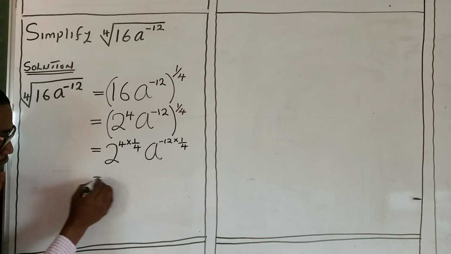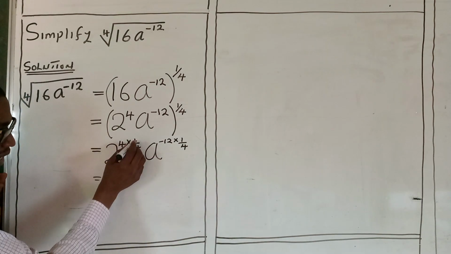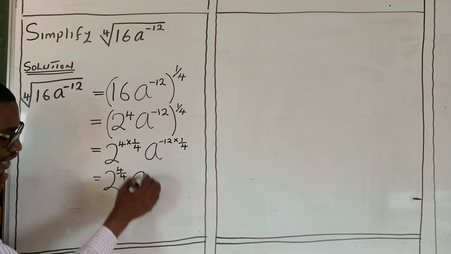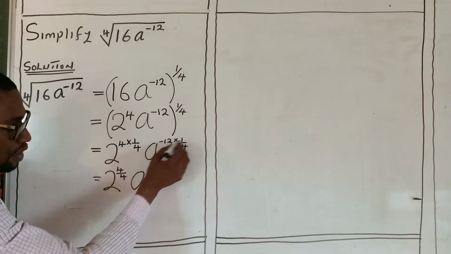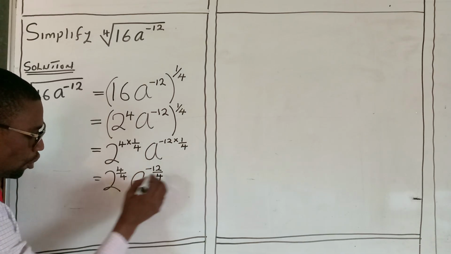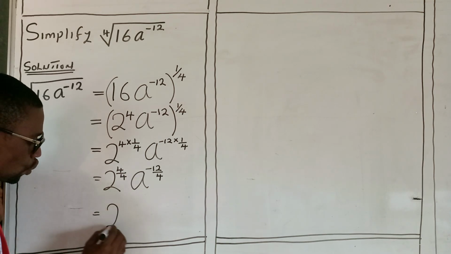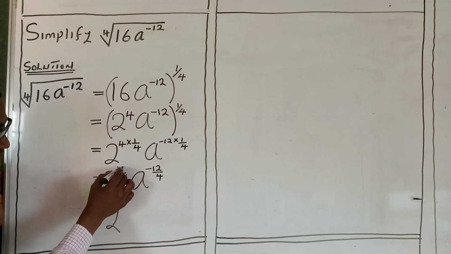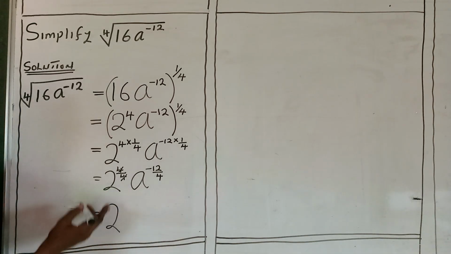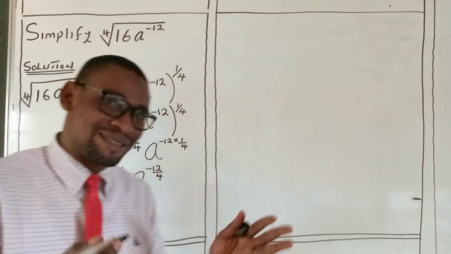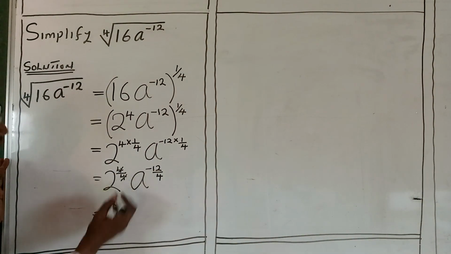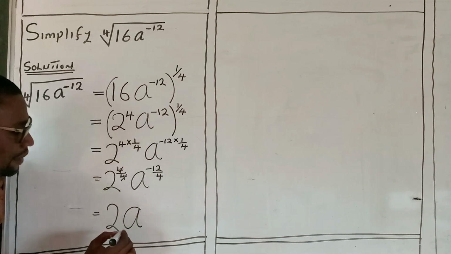So this is going to be 4 times 1 is 4 over 4, then a raised to power minus 12 times 1, minus 12 over 4. 4 divided by 4 gives us 1, which is 2 raised to power 1, the same as 2. So we prefer writing down 2, and then we have our a.